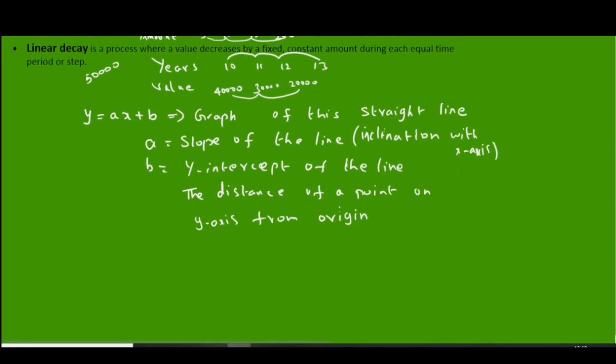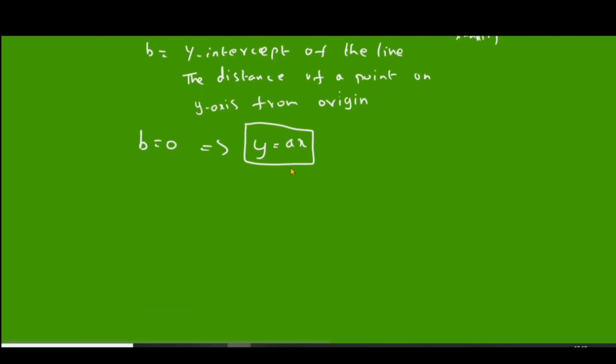When b is equal to 0, our equation becomes y is equal to ax. This type of line passes through the origin. When b is 0, the y-intercept is 0, and the line equation is in this form, y is equal to ax.